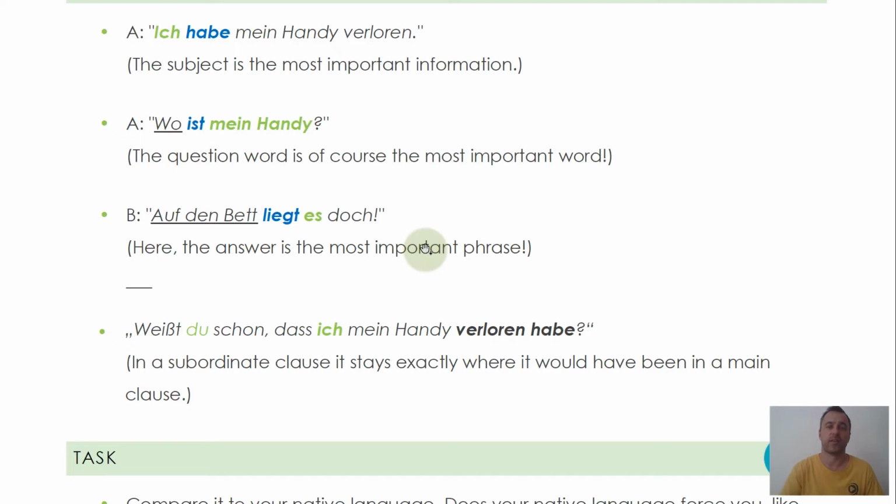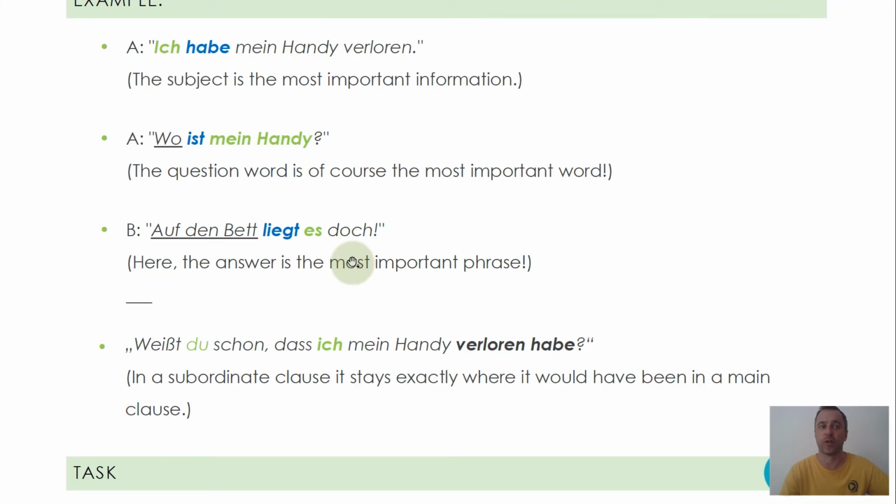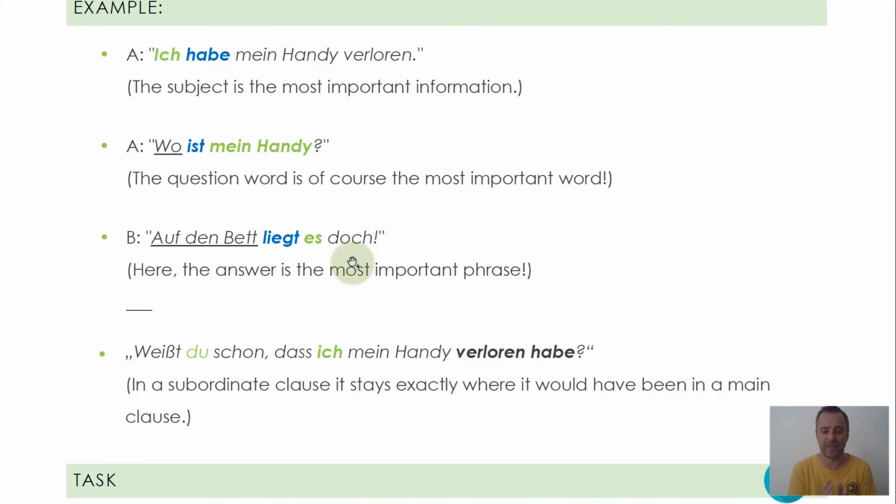The comparison to a similar language will always help you to understand the grammar of the language you're learning. Because even if it's not the same, you can see, okay, in English I have to do it like that. In German, remember, it was different. So that will help you a lot if you understand the grammar of your own native language.